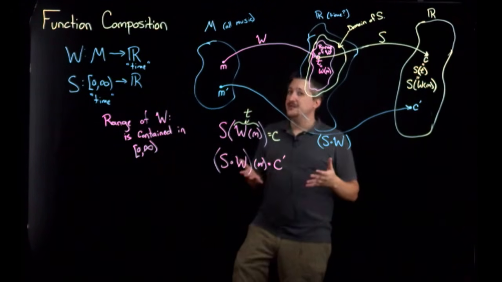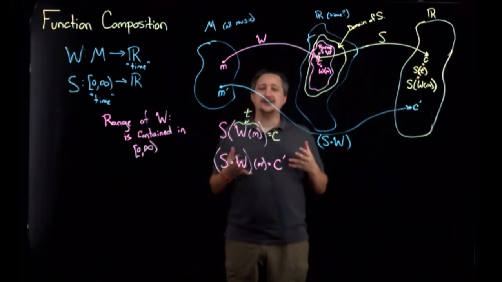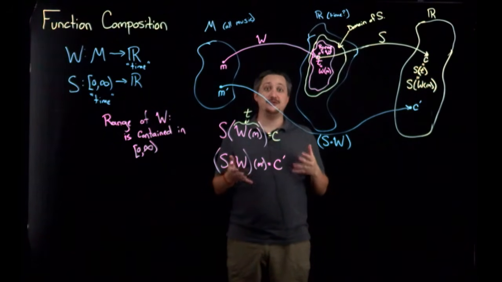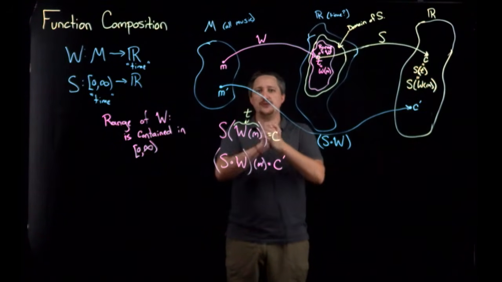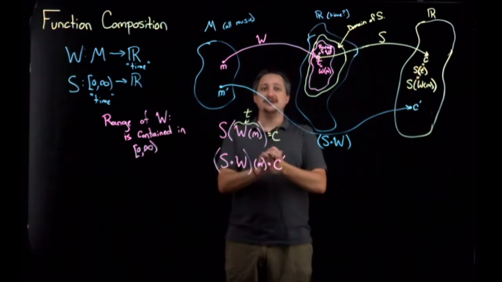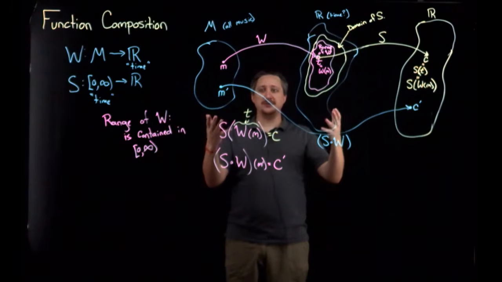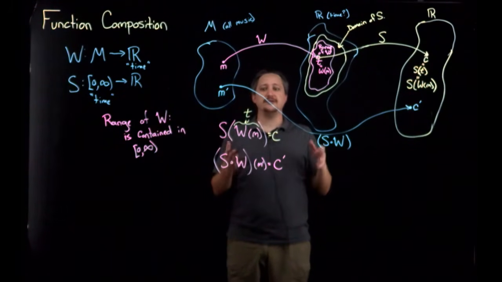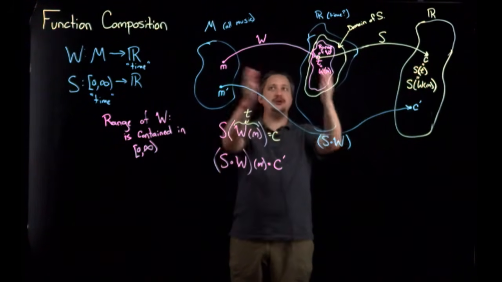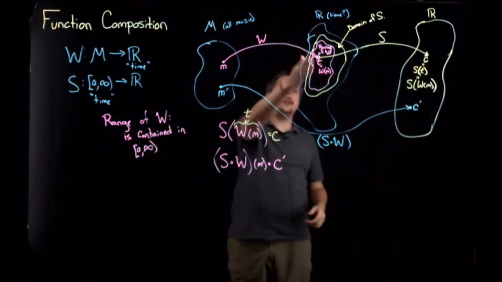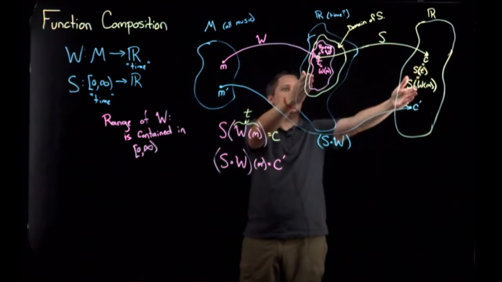This also means the one big kicker that tends to mess with students the most, which is that it is really important what direction you are composing in. In a problem like this, and this is why the context makes a big difference, it becomes really clear that if I'm applying S to W, this makes sense because W is giving me the time, and S is taking that time and giving me a cost.